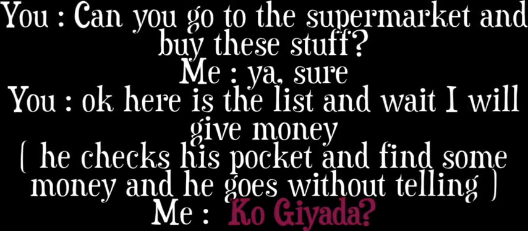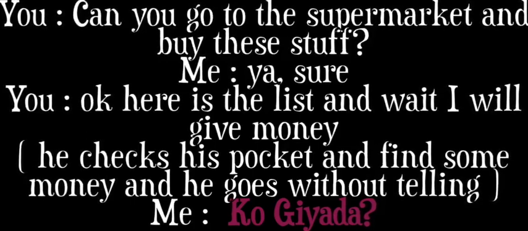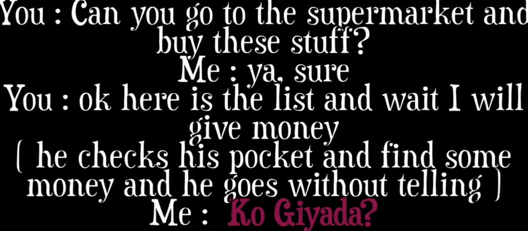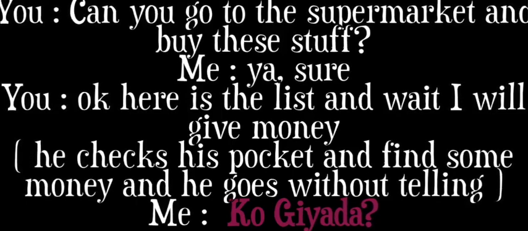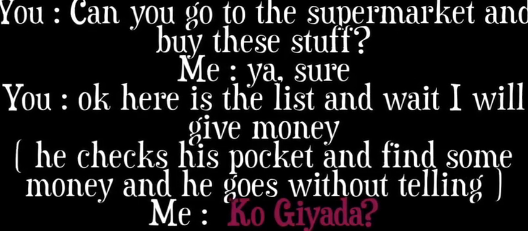So in Sinhala, we would be saying ha පුළුවන්. It's like okay, I can. Ha පුළුවන්. Okay, here's the list and wait till I give money. හරි මෙන්න ලිස්ට් එක. ඔහොම ඉන්න මං සල්ලි දෙනකම්. හරි මෙන්න ලිස්ට් එක. ඔහොම ඉන්න මං සල්ලි දෙනකම්. හරි මෙන්න ලිස්ට් එක. ඔහොම ඉන්න මං සල්ලි දෙනකම්.